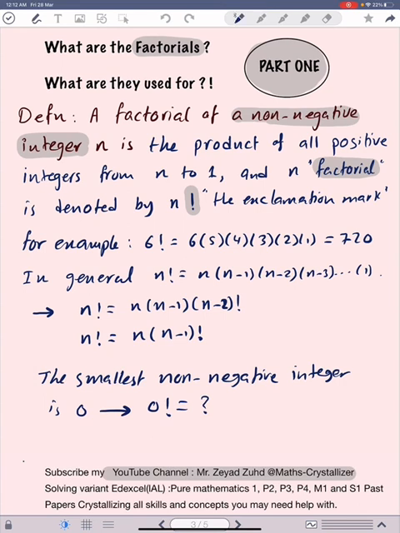Unfortunately, in my experience many books start with positive integers, which is wrong, because 0 factorial has a very simple value, as I'll show you in the next step using the definition that n factorial is equal to n times n minus 1 factorial.